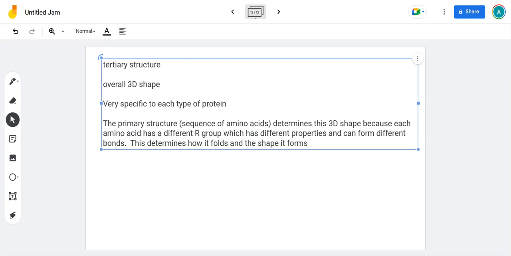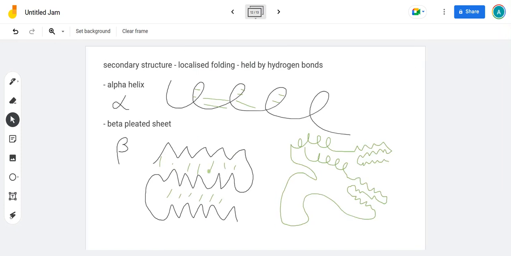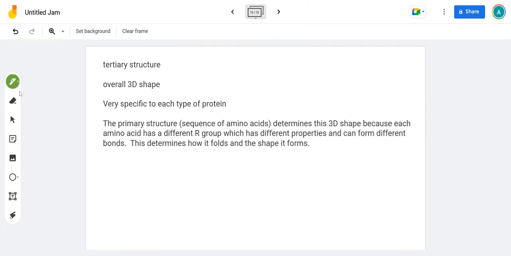So let's have a look at some of these bonds and what's going on. We know from the secondary structure that we've got bits of alpha helix and bits of beta pleated sheet, so it's going to fold up in a really, really specific way. Obviously my picture's a bit random, but in reality it's very specific.